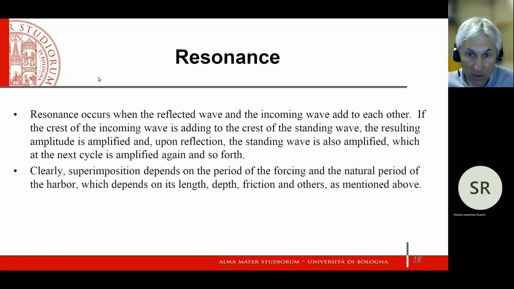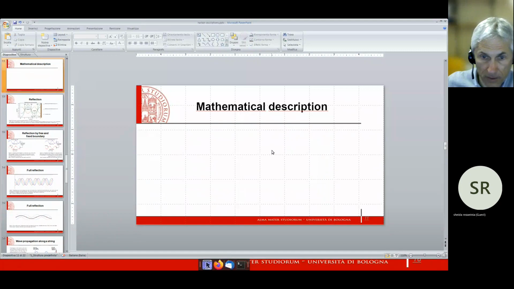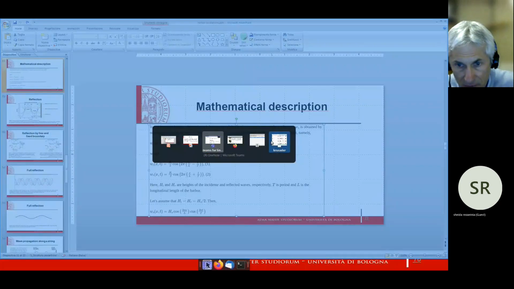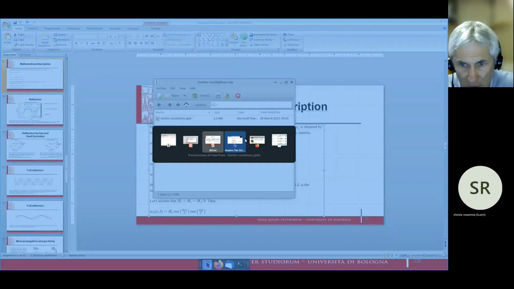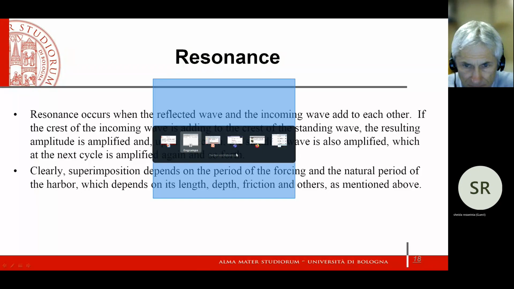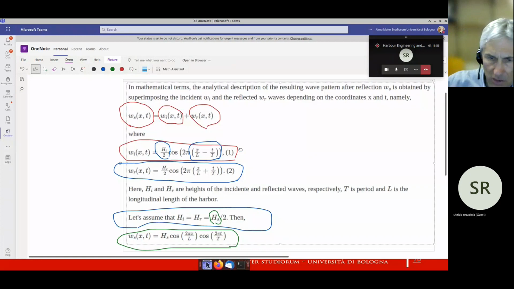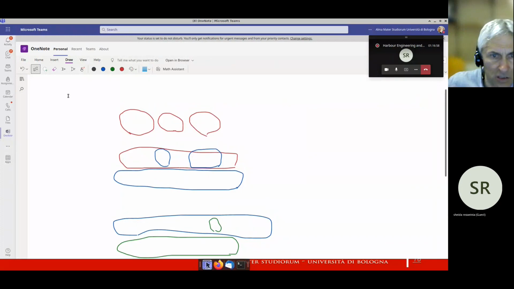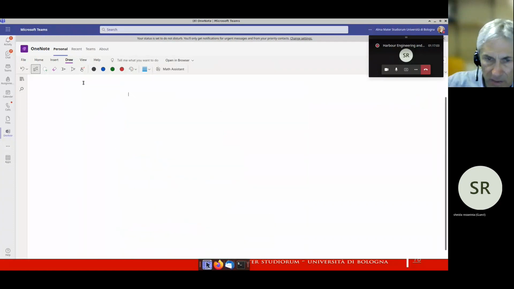So let me go to the graphic blackboard. Oops, sorry, it's not here. Just one second. I think, okay, here it is. I cancel these notes and draw again a rectangular basin.